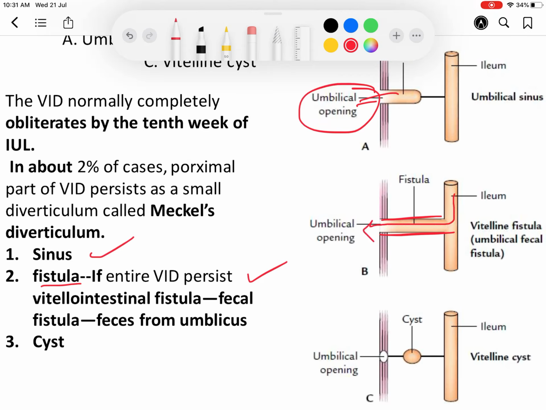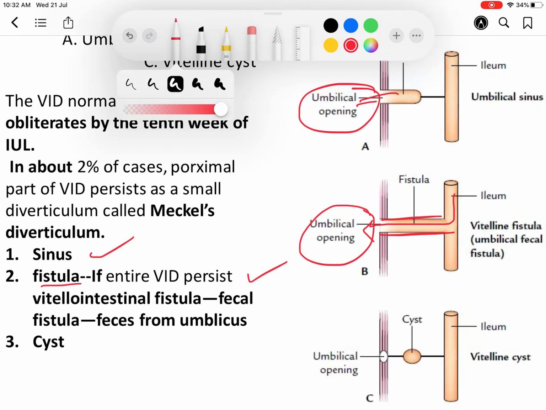If the vitellointestinal duct is completely persisting, it will form the vitellointestinal fistula, and from this fistula the midgut contents, fecal material, may come out through the umbilical opening.